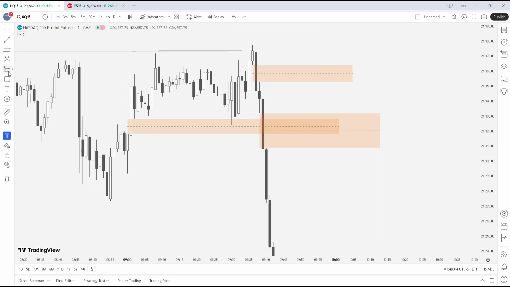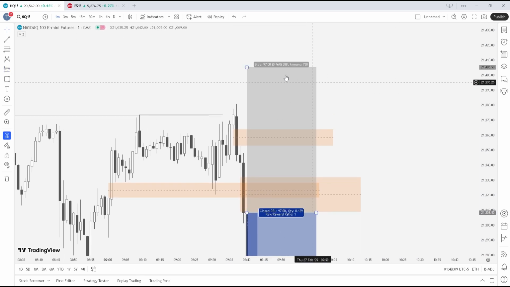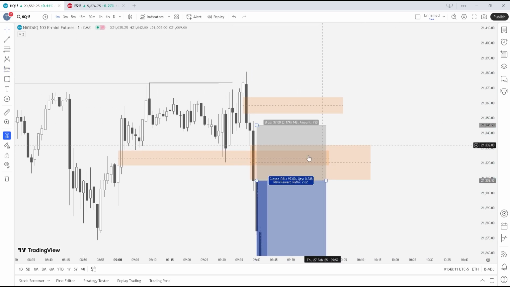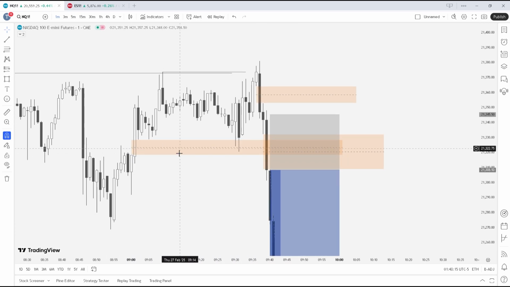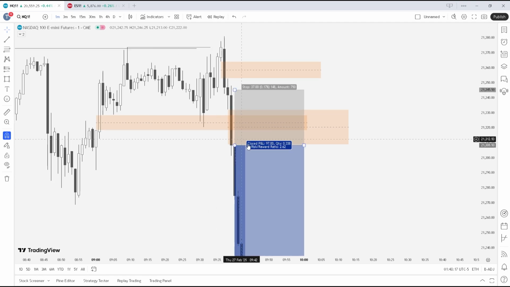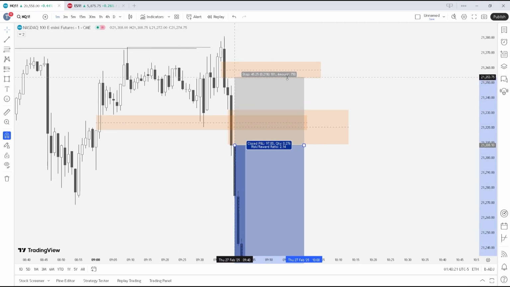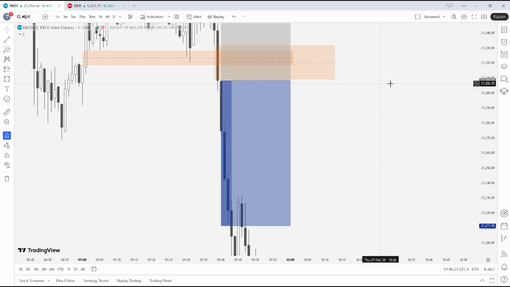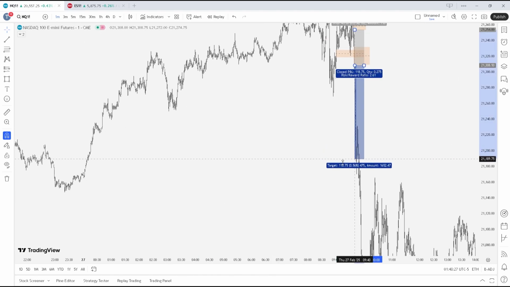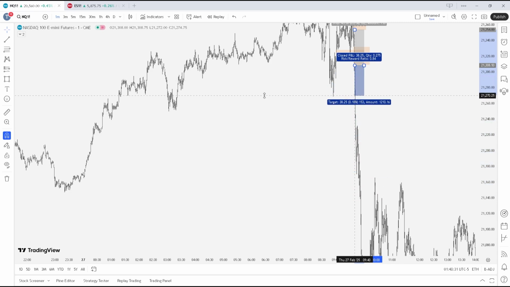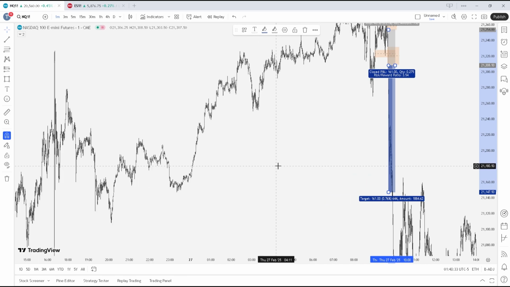But what you could have done is entered off of the close of this candle that created this inversion fair value gap, right? So this would be your entry, and then you could put your stop right at this breakaway gap, and then you could just target wherever you want, all the way down here, or just down here, or, you know, down here, wherever you're comfortable with targeting.